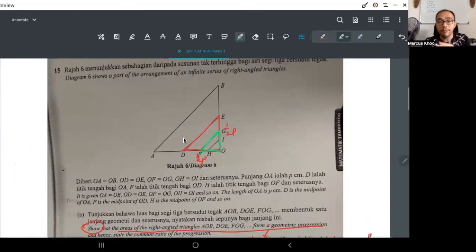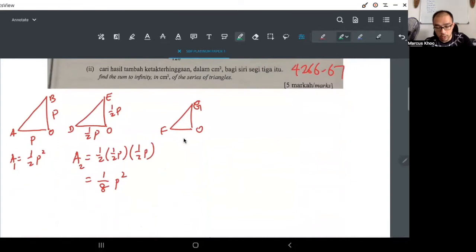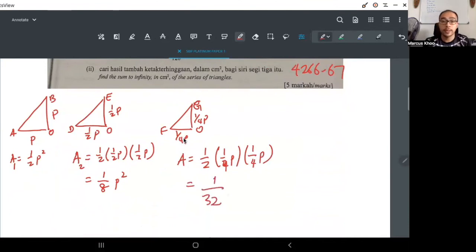So if it is half P, half of half P means this is 1/4 P. So 1/4 P, 1/4 P. So area is 1/2 times base times height, which will be 1/32 P squared. So we have A3.